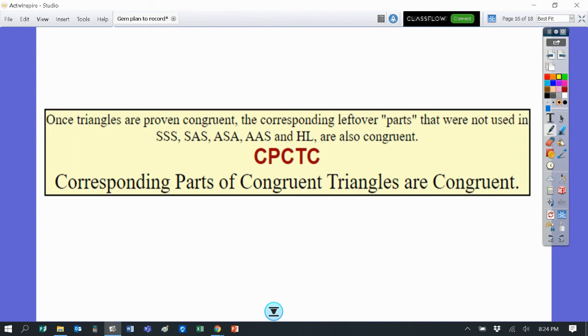We call those the leftover parts. So if you have proved a triangle is congruent by those 5 that we've been working with all chapter, but you're trying to prove something different in that triangle that's not included in those 3 or 2 things, this is what you're going to use.